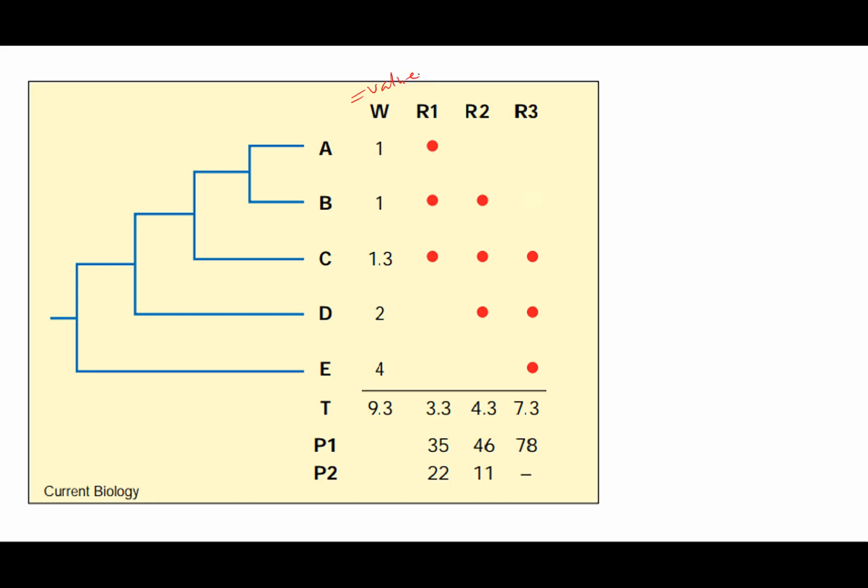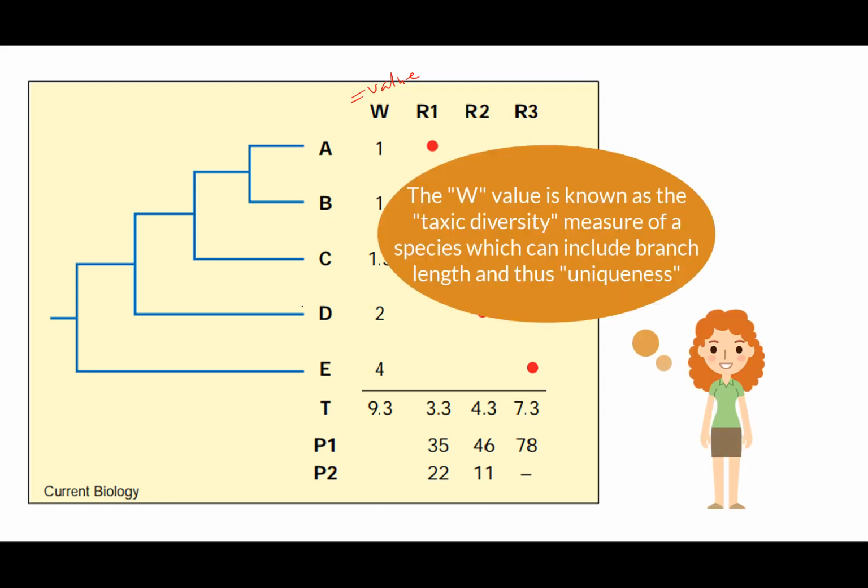The value could be the branch length, right? So A and B have short branch lengths. D has a branch length that's actually more than twice as long as A and B, so these values aren't necessarily branch lengths, but perhaps they're a measure of uniqueness, okay? So of evolutionary distinctness. So these weight values, I would have to give these to you.